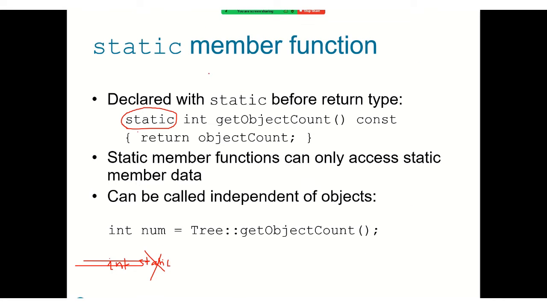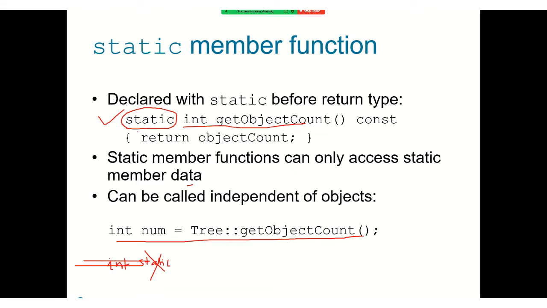You could define it in this way. So if you define it static, what is the difference between just int getObjectCount and static int getObjectCount? The static member functions can only access static member data; they cannot access any non-static member data. This can be called independent of objects, and you can do it in this way.